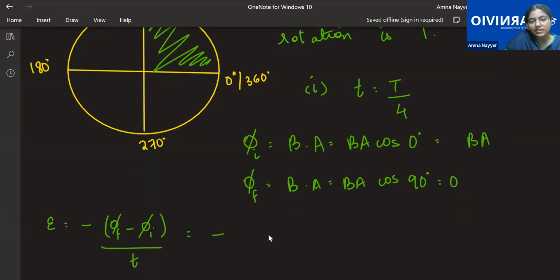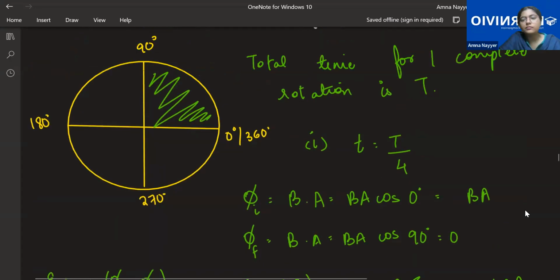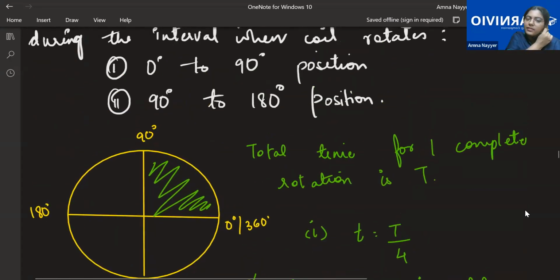Minus of final flux 0 minus initial flux BA, divided by T by 4. Minus becomes plus, BA by T by 4. The 4 goes up, so finally we get 4BA divided by T. Got it? Yes, ma'am.